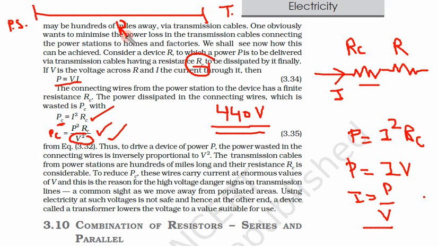As you know, the resistance is proportional to the length of the wire, so RC, the resistance of the cable, would be very high. In that case, we need to increase the voltage so the power lost in the cable would be less. That's why we see different lines of 11,000 volts or 25,000 volts.